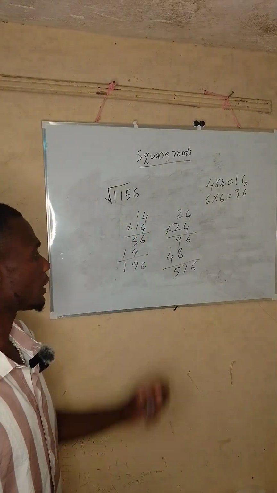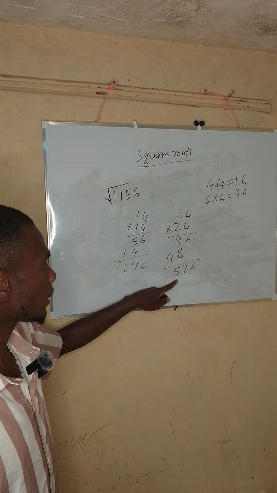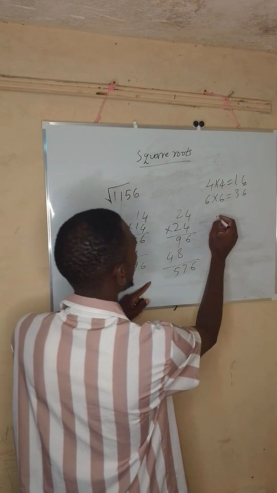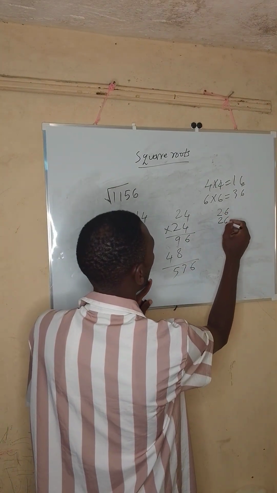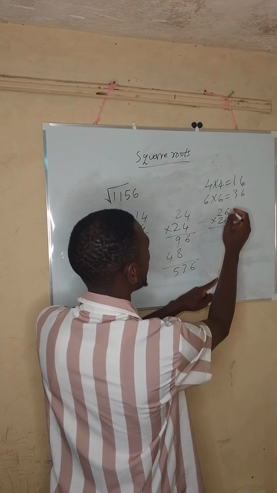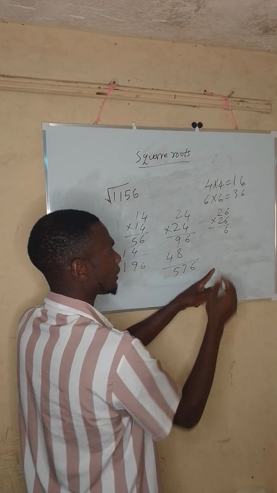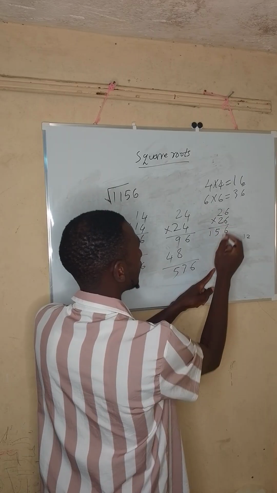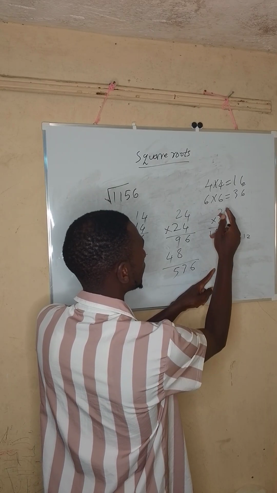So we are moving. We have reached already 500. So let us try with 26 also. 26 by 26. So that is 36, carry 3. 12 plus 3 is 15. Then that is also 12, 5.